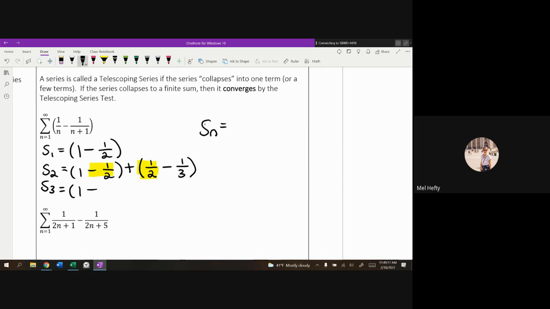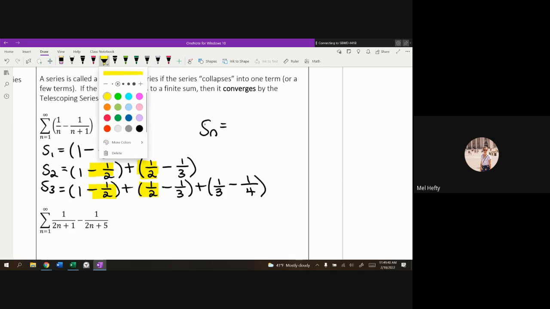I take this one. I take the second one. And I add on, if I plug in 3, 1/3 minus 1 over 3 plus 1, 1/4. Do you notice anything cool? Okay, so 1/3 is going to go away. Eventually I have the 1/4.